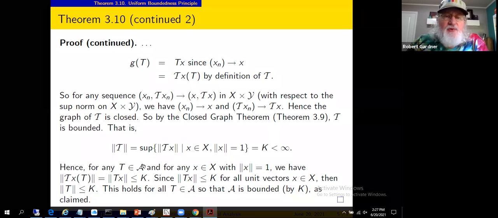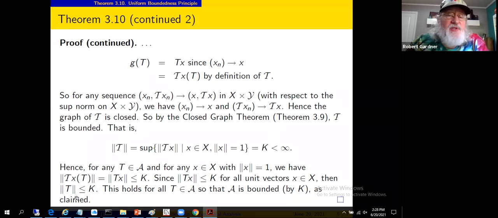So we had similar things bounded by K sub x's before. Well, now you've got it bounded by a K that doesn't depend on the x's. So this works for all x's, well, unit vectors in the norm, and works for all T's in A. So we have the norm of T of x less than or equal to K for all unit vectors.